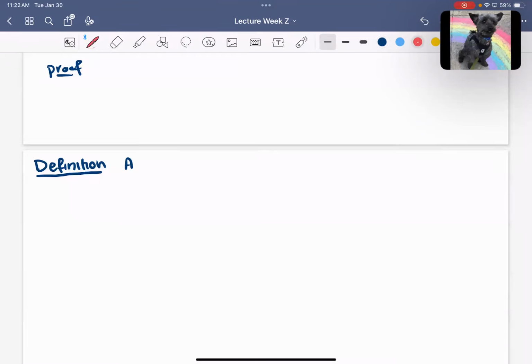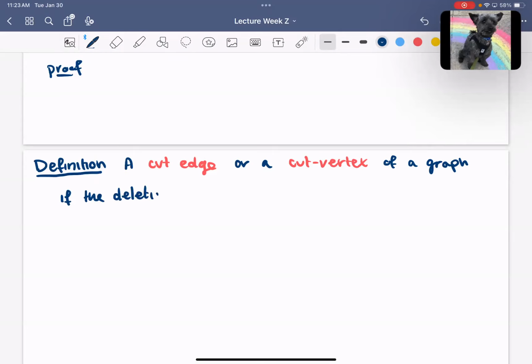I'll call something a cut edge or a cut vertex of a graph if the deletion of that edge or vertex increases the number of components.